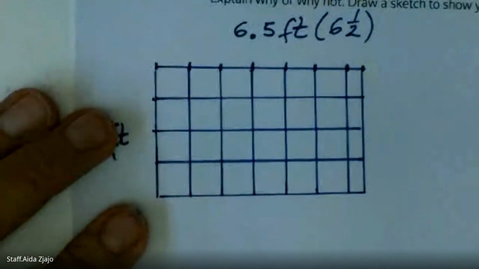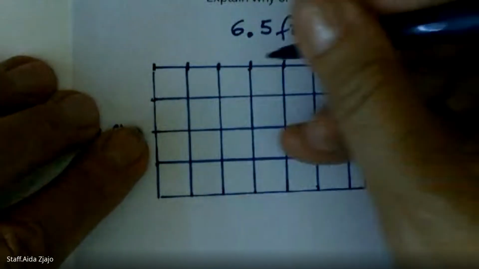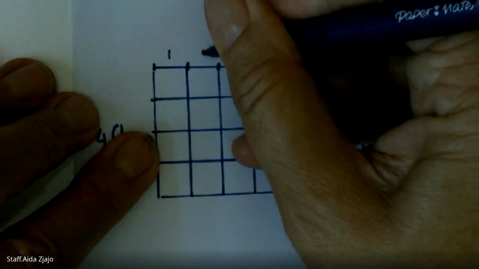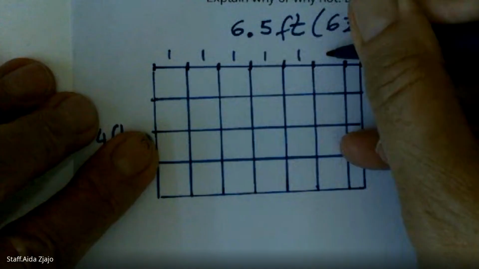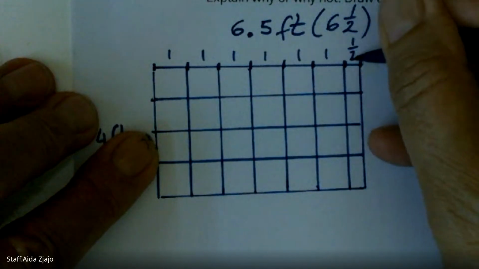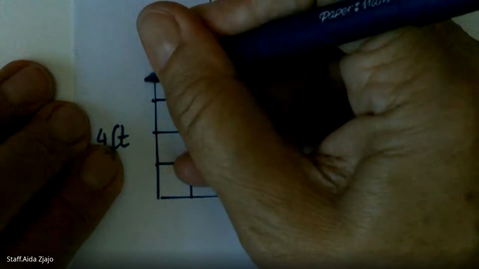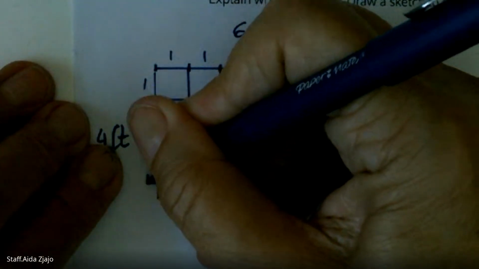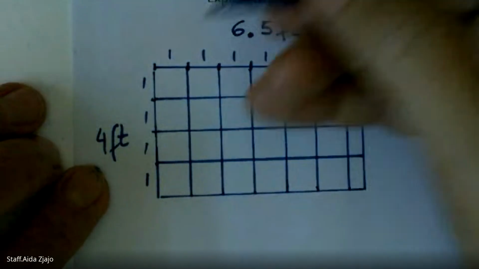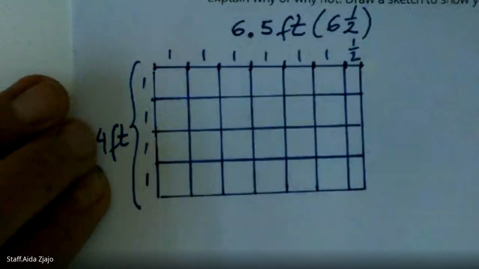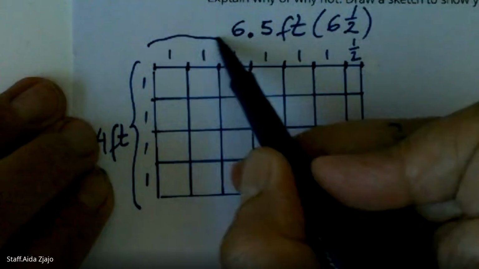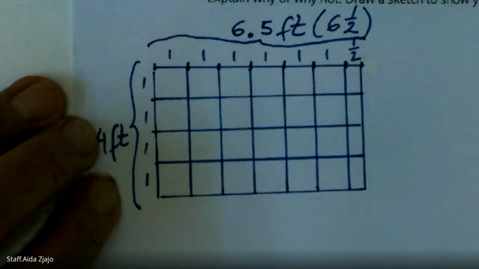Right now you can see this is 1, 1, 1, 1, 1, 1, and this is a half, or 0.5. And this is 1, 1, 1, or 4 feet. So this represents 4 feet, and this represents 6.5 feet.